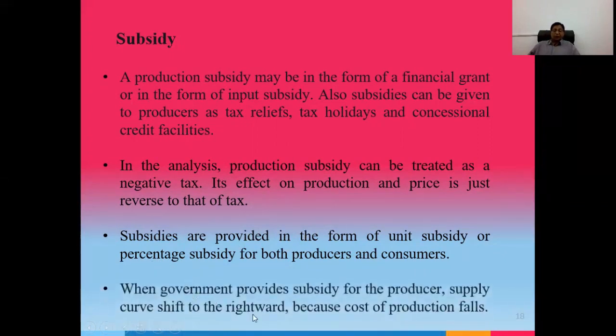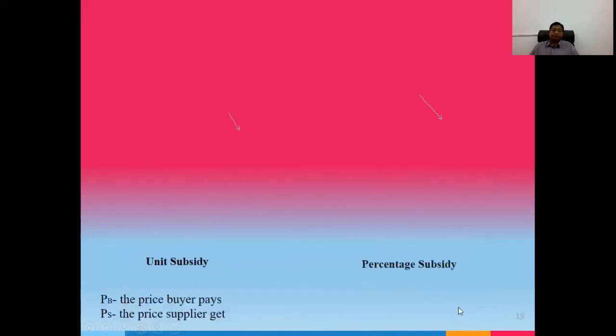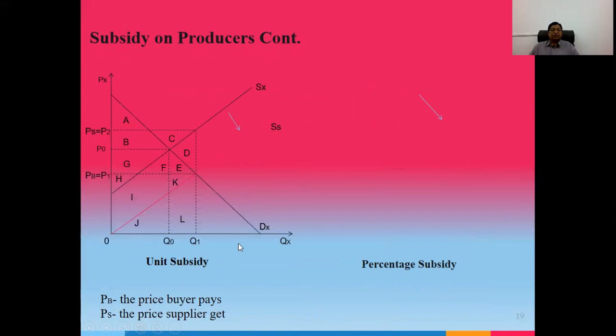When government provides subsidy for producers, the supply curve shifts rightward because cost of production falls. I would like to explain economic implications of subsidy. I would like to take first unit subsidy.